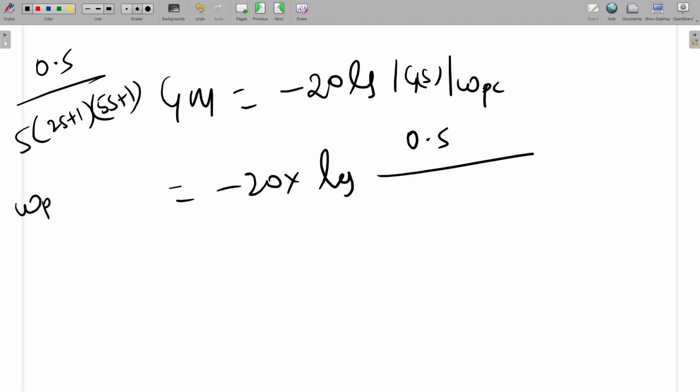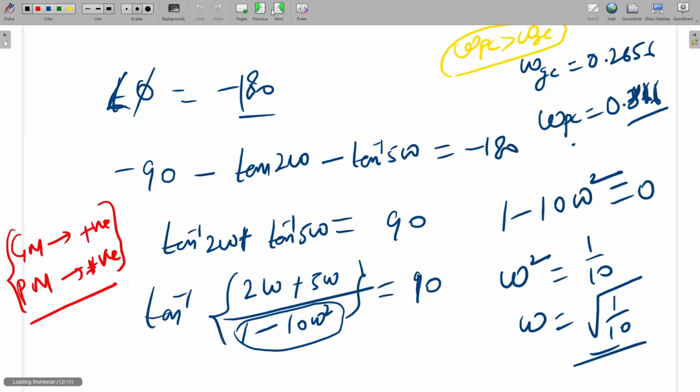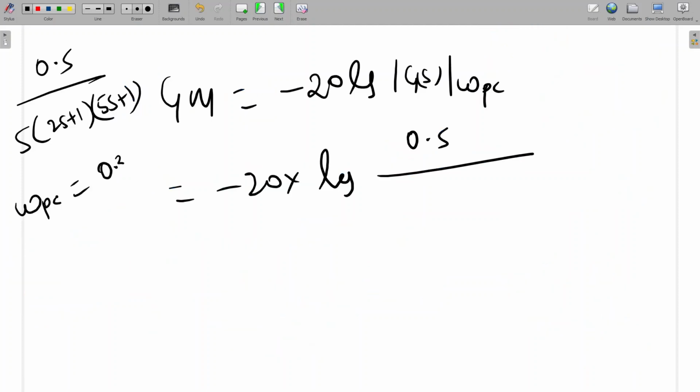And omega PC is 1 by under root 10, which is 0.3162. At this value, whatever we calculate, that will be the gain margin.